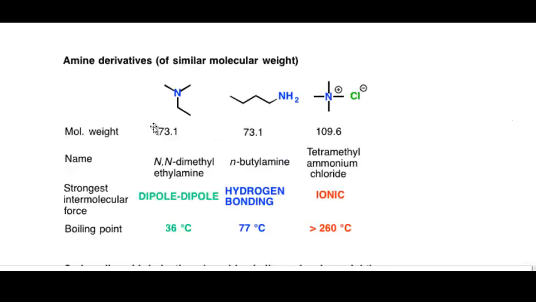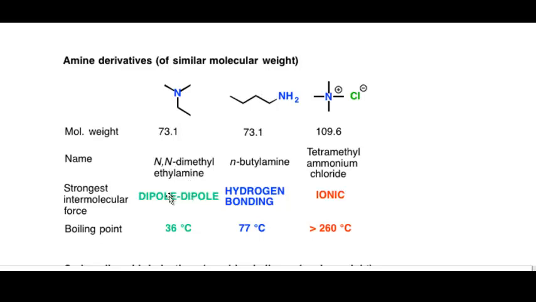So let's look at real examples here. So these are organic chemistry compounds. And you don't really need to know what these stick drawings mean, but I'll just tell you that these points here represent carbon atoms, and they're fully saturated with hydrogen. N-dimethylethylamine.